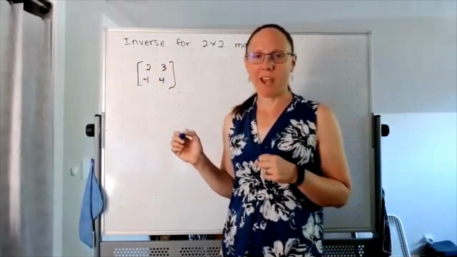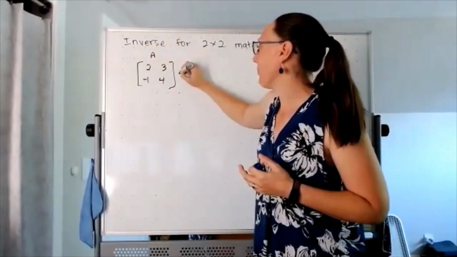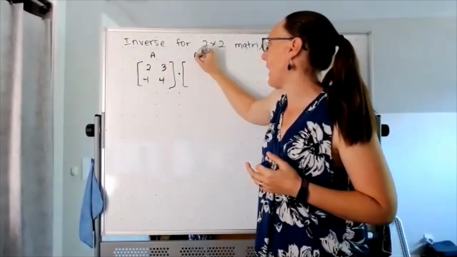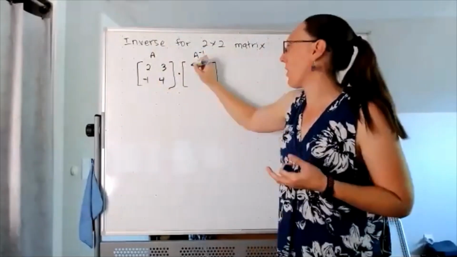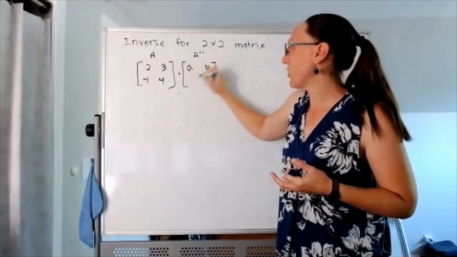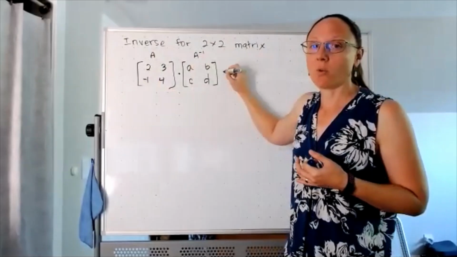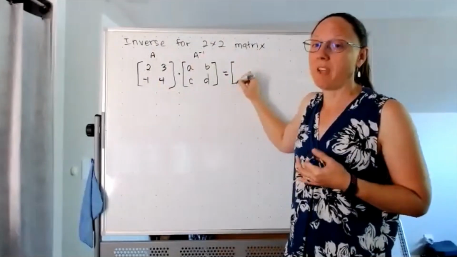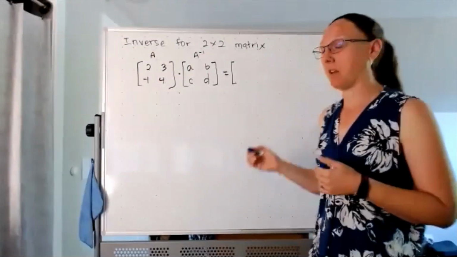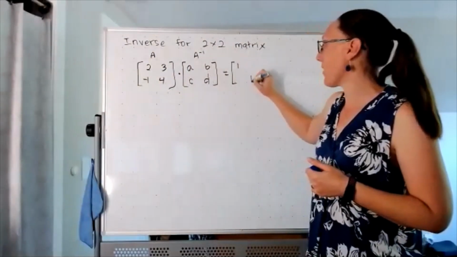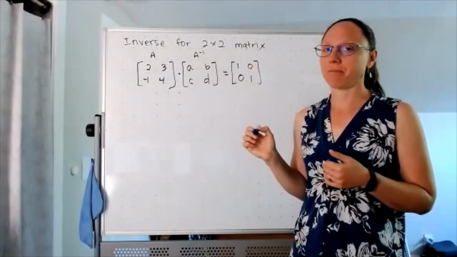I think that was a matrix we had a second ago. So here's my matrix A, and I want to find A inverse. What I'm looking for is the magic combination of things to put in here so that when I do that multiplication, I get back I2, the 2x2 identity matrix, which should have 1s on the diagonal and 0s everywhere else.